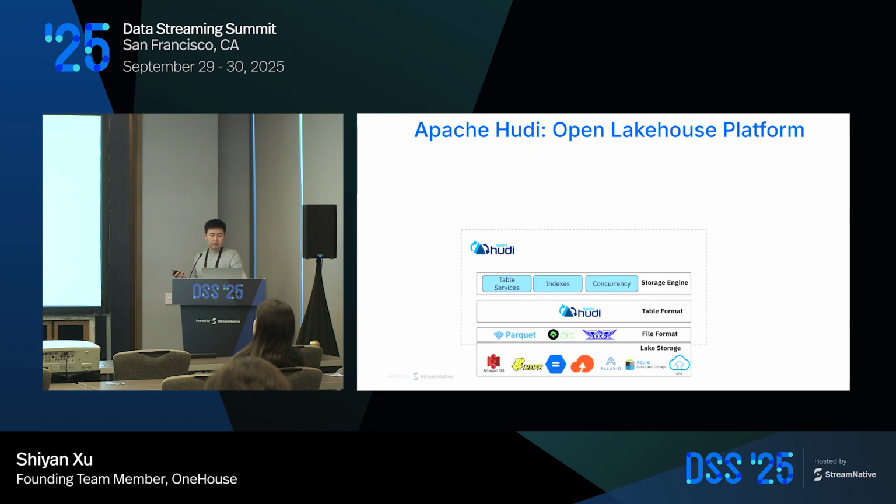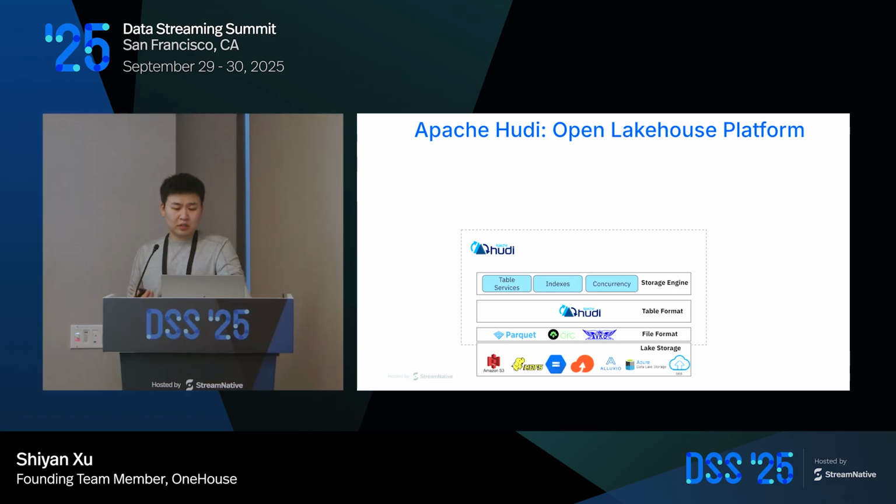Building on top of the table format, Hudi implements the storage engine. This is a transactional database layer that understands the Hudi table format and delivers essential lakehouse capabilities, such as indexing, which means, for example, having an incoming record and identifying which file on the storage contains that record.